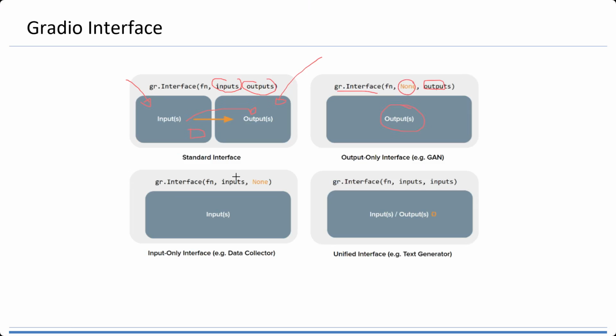Or there's another kind of interface. You show the input, but no output. So it is only the input. The other thing is you show both input and outputs. In this case, input and input, because the components of them are the same. We have the input and then there will be an output.